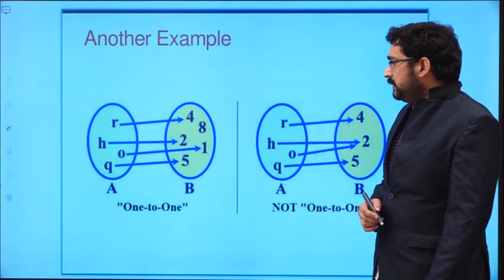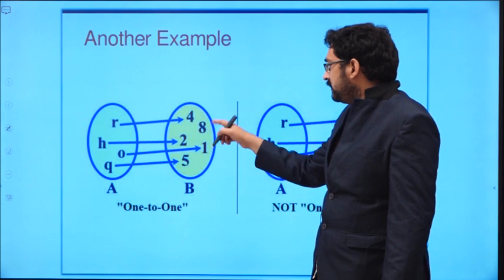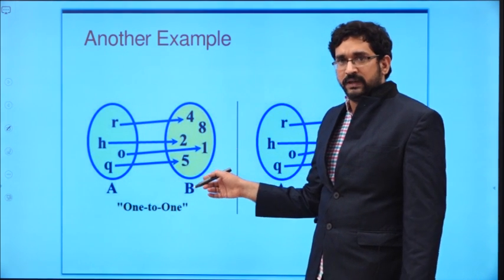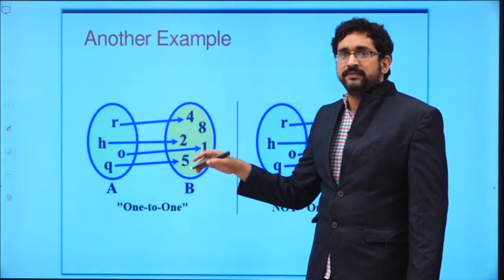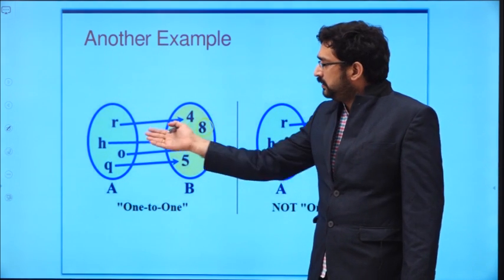See one more example. Here the domain has 4 elements, the codomain has 5 elements. 4 elements are mapped to distinct elements of the codomain. So in case of 1 to 1, in the codomain there may be elements which are not mapped. Here 8 does not have any mapping from the domain.